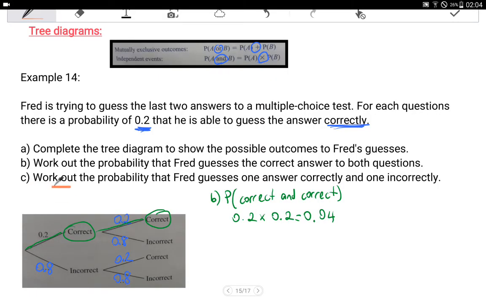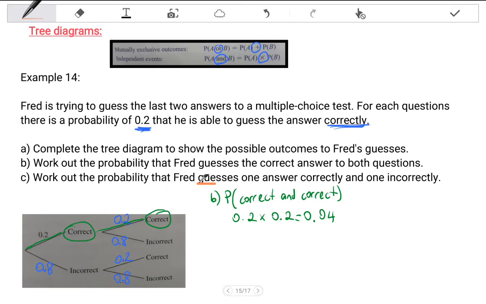Part C. Work out the probability that Fred guesses one answer correctly and one incorrectly. So we are looking for a correct and an incorrect together, and order may change. So let's look at the tree diagram.